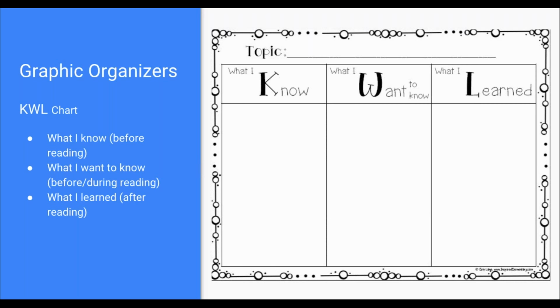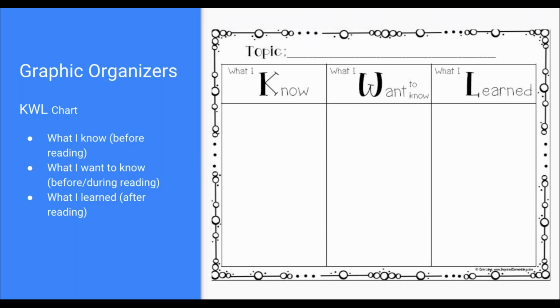And as they're reading, you can ask more questions, because good readers think about what they're going to read. They think about the reading during the process, and then the L is what you learned after the reading. So you would answer your questions of what you wanted to know if you found that information, or anything else that you have learned from that story.